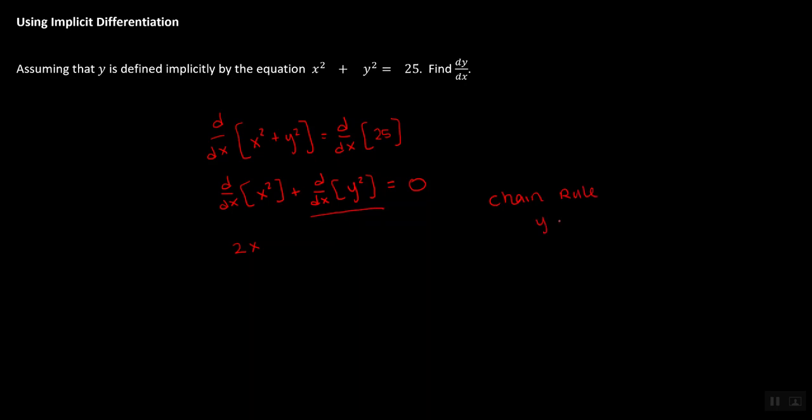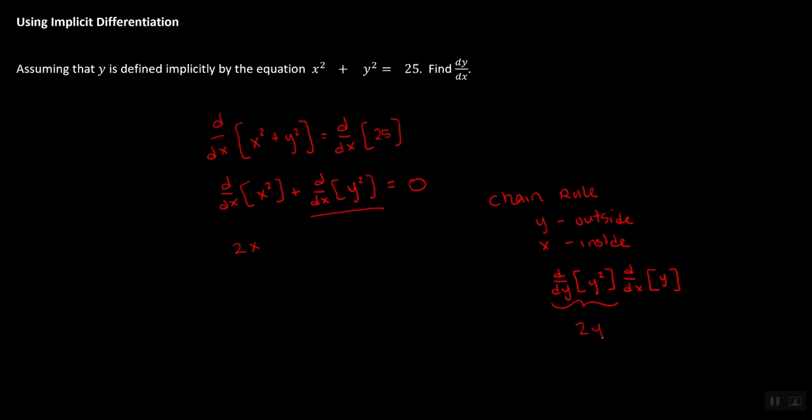where y is the outside function, x is the inside function. Which means we're going to first take the derivative with respect to y, then we're going to take the derivative with respect to x of the variable y. The derivative of y squared with respect to y looks a lot like what we did over here with x squared.